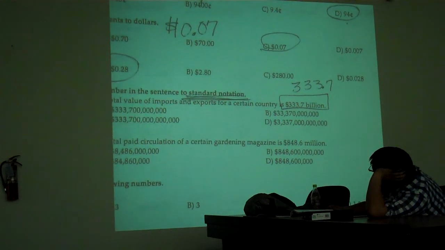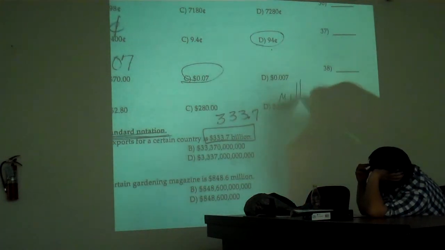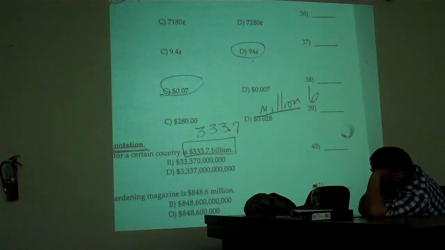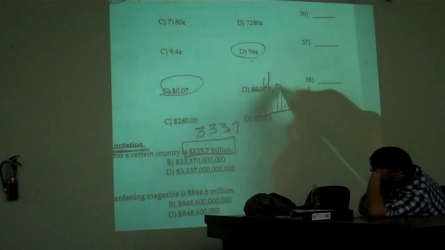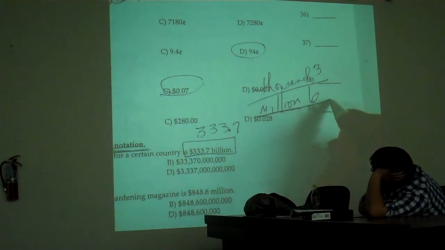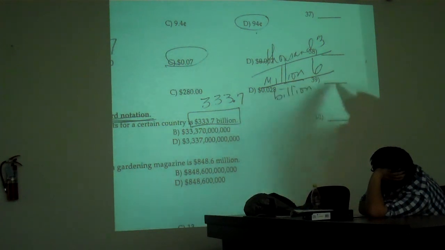Okay, you need to know how many zeros a billion has. Okay, a million has 6 zeros. Right? 1,000 has 3 zeros. Million has 6 zeros. Billion has 3 more.